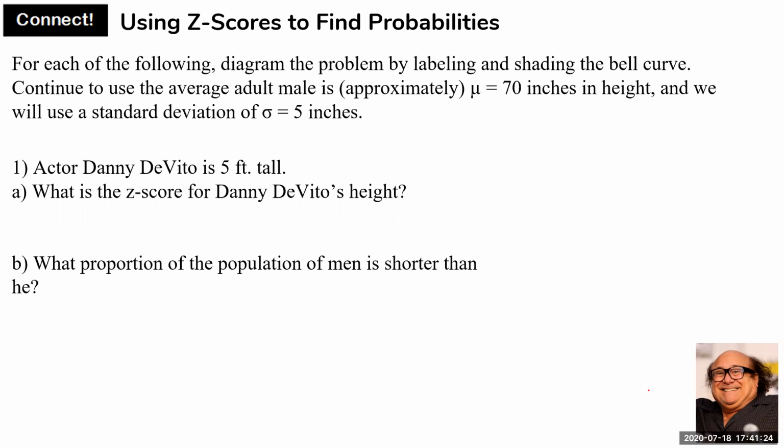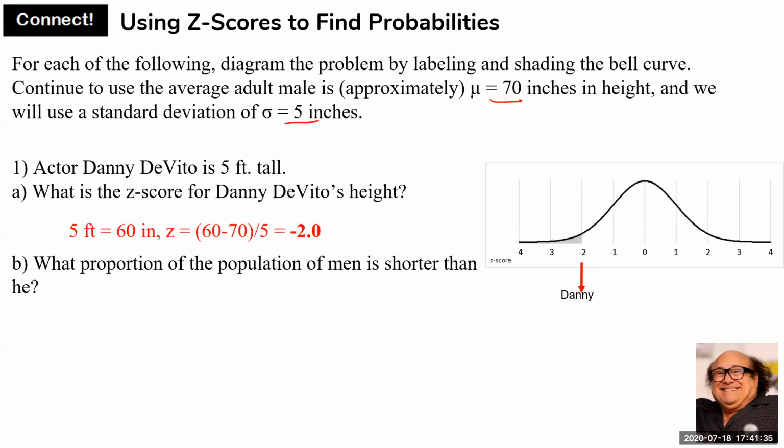So right here, we have the mean, okay, and we have the standard deviation. Actor Danny DeVito is 5 foot. Now we have to change from feet into what? Inches. And that gives us 60 inches.